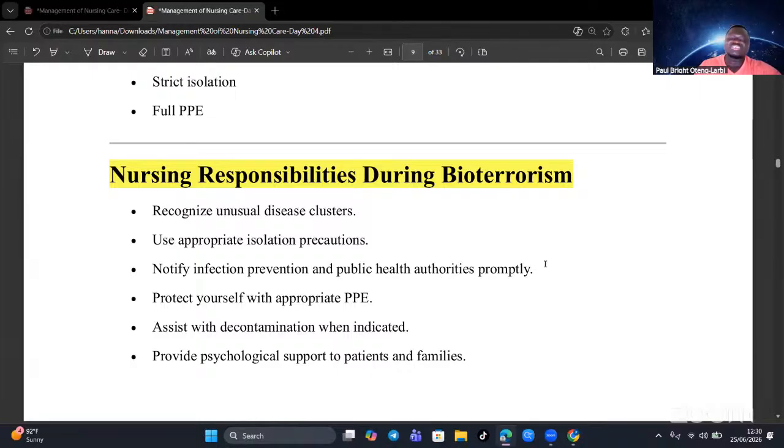When you see any COVID patient, notify the public health guys. They will come and take samples quickly and quarantine the patient. Protect yourself with PPE. Assist with decontamination when indicated, and provide psychological support to the patients and their families.